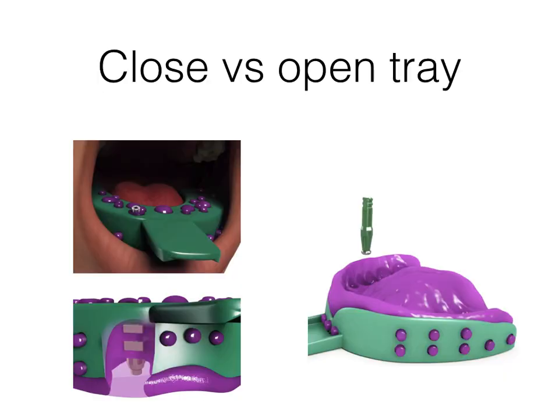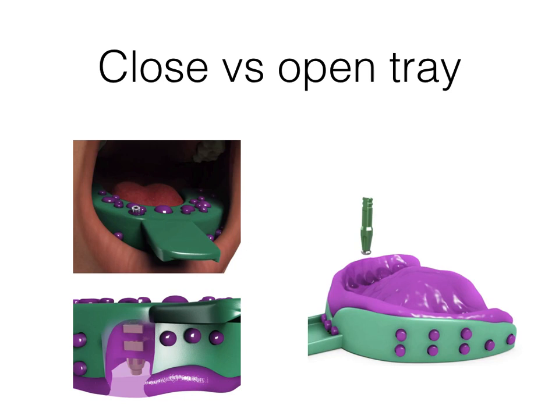After you are familiar with those three different terminologies, let's take a look at the difference between the closed or open tray technique. As you can see on the left side, if you review the video, you will find the impression copings on the open tray technique. The screw actually is exposed outside of the tray.